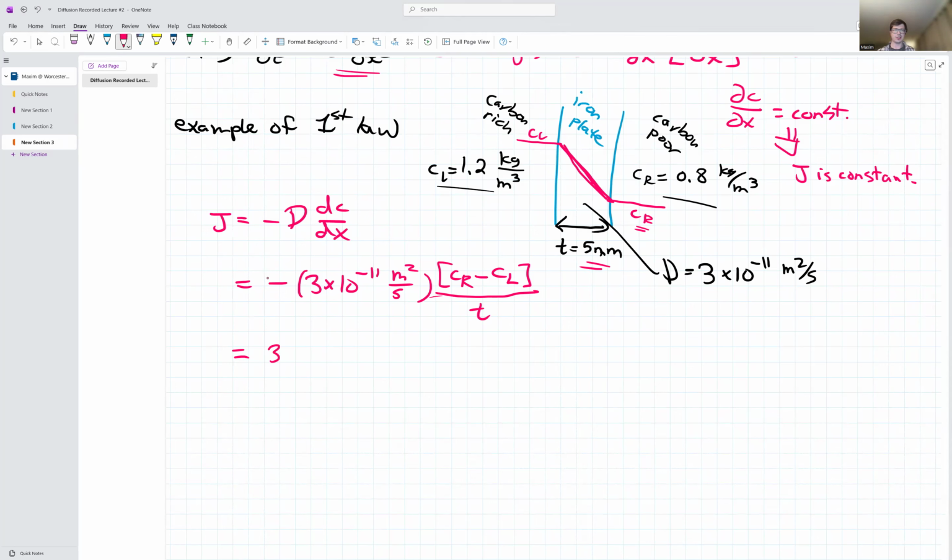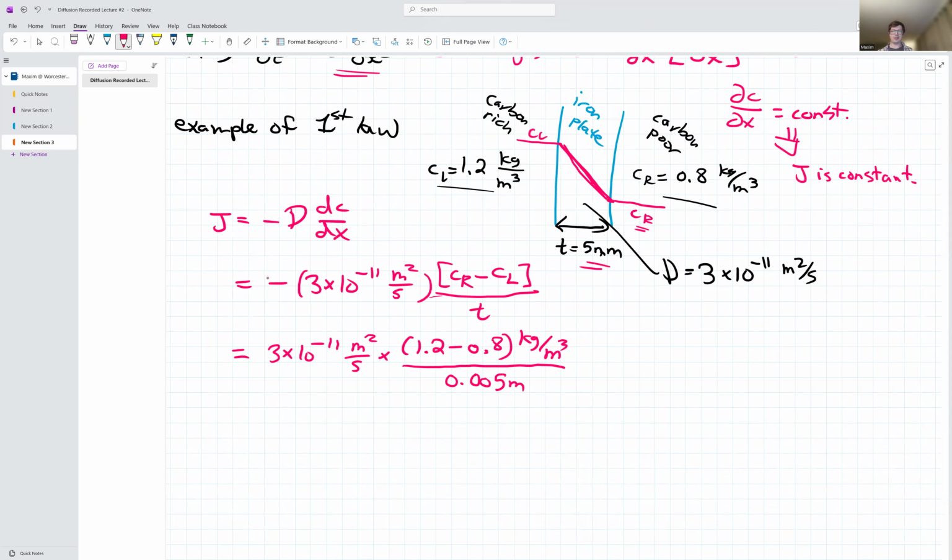This is going to be 3 times 10 to the minus 11 meters squared per second times, so it's 0.8 minus 1.2, but I'm just going to cancel the minus signs. It'll just be 1.2 minus 0.8, and that's kilograms per meter cubed. And that's all over, now you have to convert the millimeters to meters, 0.005 meters.